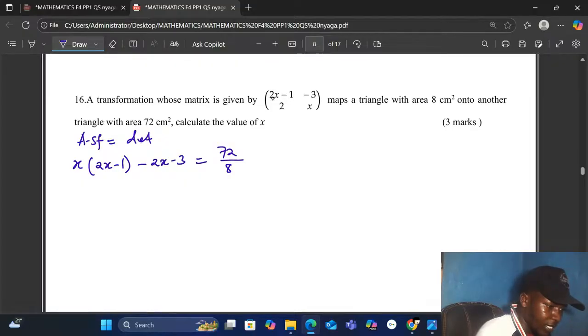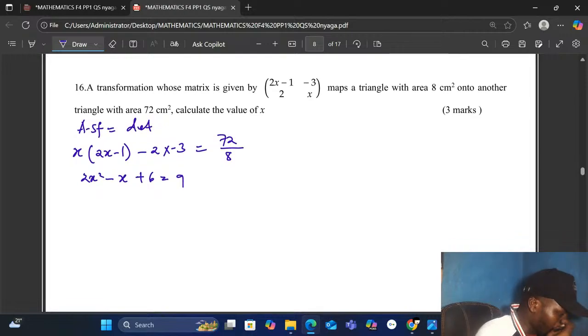So the determinant is 2x minus 1 times x, then minus 2 times negative 3, which is equal to 72 divided by 8. That is plus 6, equals 72 divided by 8, we get 9.